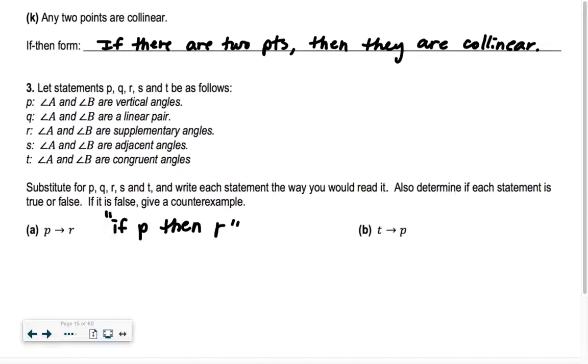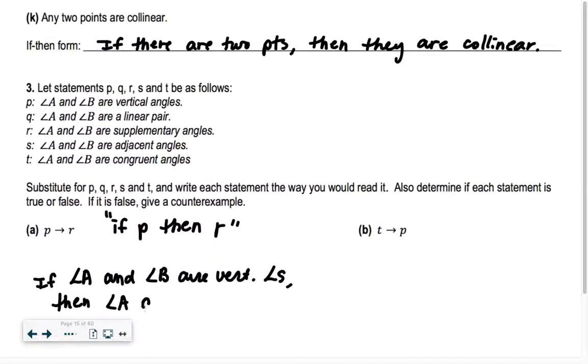Maybe I won't do an arrow, that's confusing. So we're saying if A and B are vertical angles, so angle A and angle B are vertical angles, then, and then we look at R, angle A and angle B are supplementary. Can that happen?